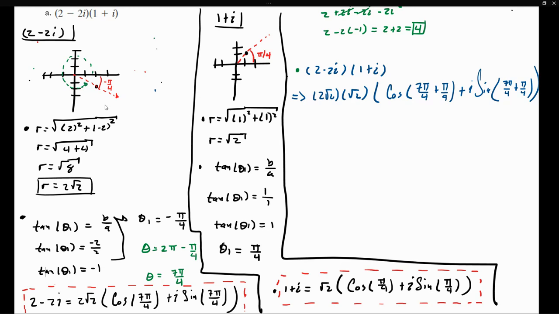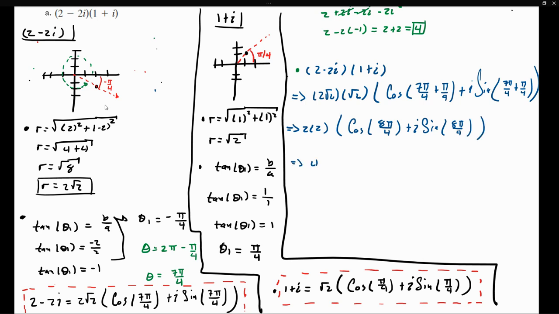And if we do everything correctly, we know that we should get a result of 4. Well, let's see if that is true. Now we have 2 square root of 2 times square root of 2, that is 4, times the cosine of 7 pi over 4 plus 1 pi over 4, that's 8 pi over 4, plus i sine of 8 pi over 4.